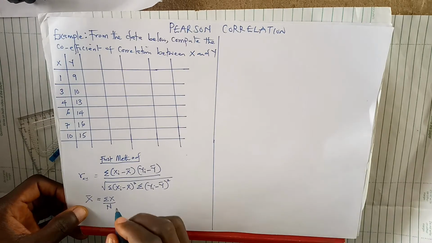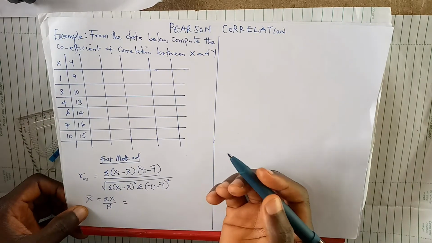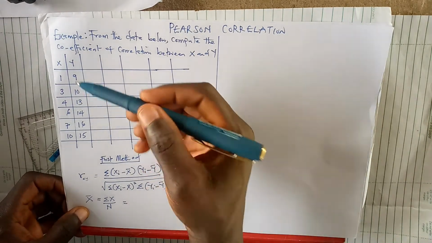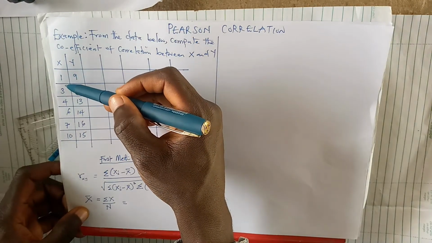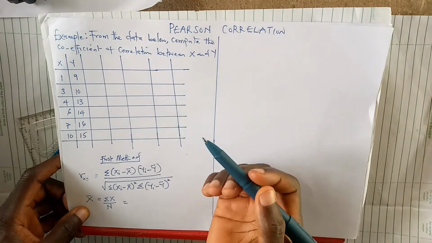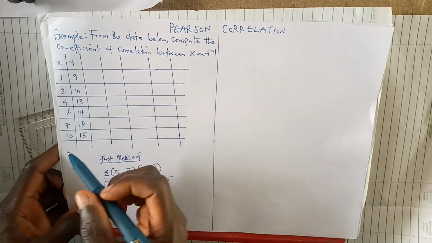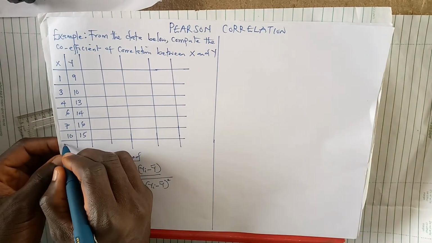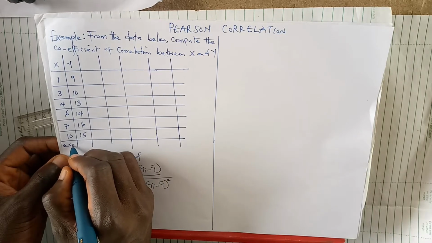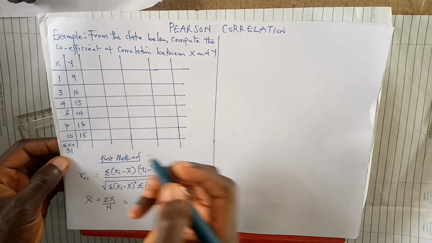What is our summation x? From this x column, we add up all these values together. If you add 1 plus 3 plus 4 plus 6 plus 7 plus 10, this is going to give us 31. Therefore, our summation x equals 31.